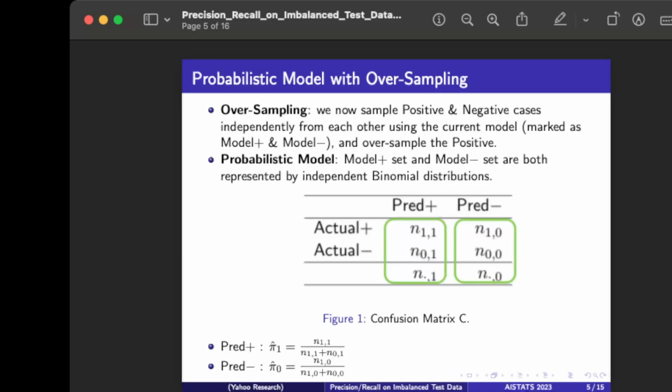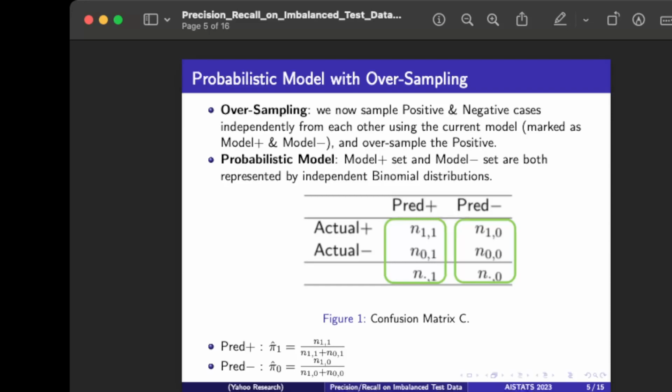To mitigate the class imbalance issue, the intuitive solution is to oversample the positive data. Then we oversample by taking random samples from 2 groups, one is the predicted positive group and the other the predicted negative group, respectively. They are denoted by the 2 green rectangles in Figure 1. This corresponds to 2 independent binomial distributions in the confusion matrix, rather than a multinomial distribution under the random sampling strategy.